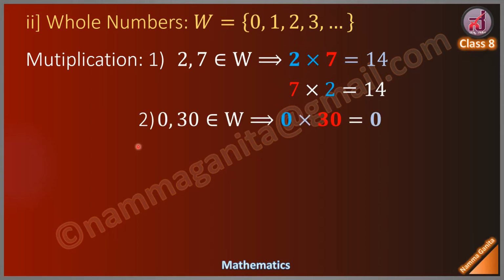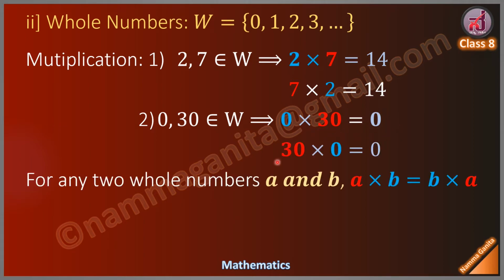Now consider the second example. 0, 30 belong to W. That implies 0 into 30 is equal to 0. Now consider 30 into 0, that is equal to 0. Therefore, 0 into 30 is same as 30 into 0.